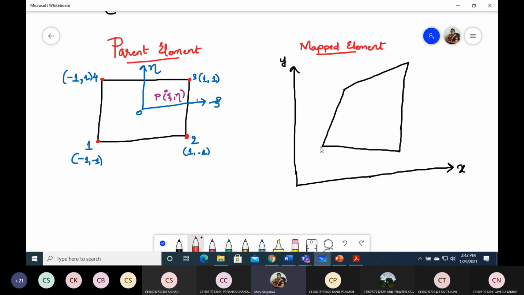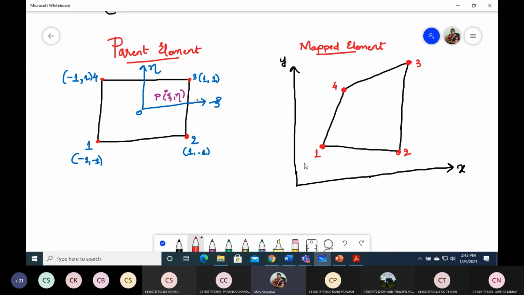Right, let us take this as the same scene. The nodes we have taken for the parent element are going to be reflected the same. This is 1, this is 2, this is 3 and this is 4.